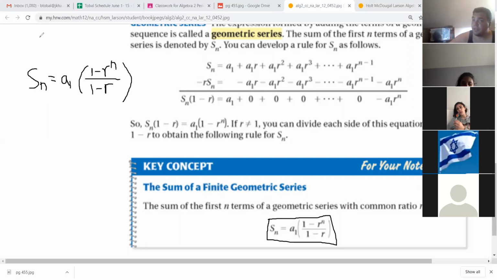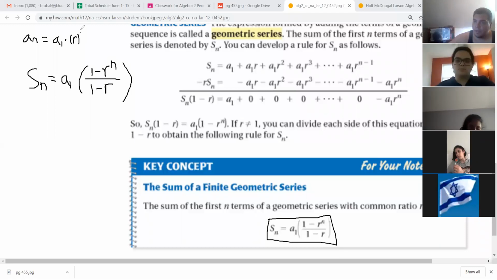And just a reminder, this is a of n equals a of 1 times r to the n minus 1. This is a reminder of last lesson. This top equation is for a specific term. This bottom equation here is for the sum of them, okay? So we're going to use that, all right?